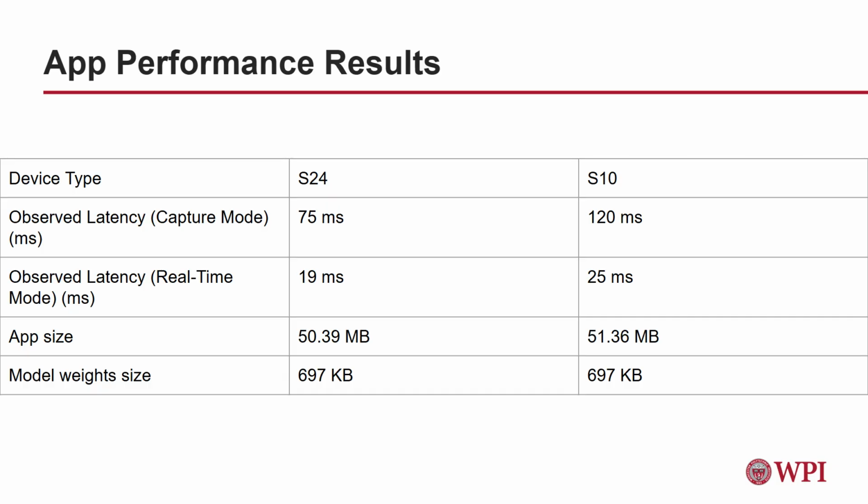For real-time mode, we got a latency of about 19 milliseconds and 25 milliseconds. Next is the app size at 50.39 megabytes and 51.36 megabytes. And on both devices, we use the same model weight, with a size of 697 kilobytes.